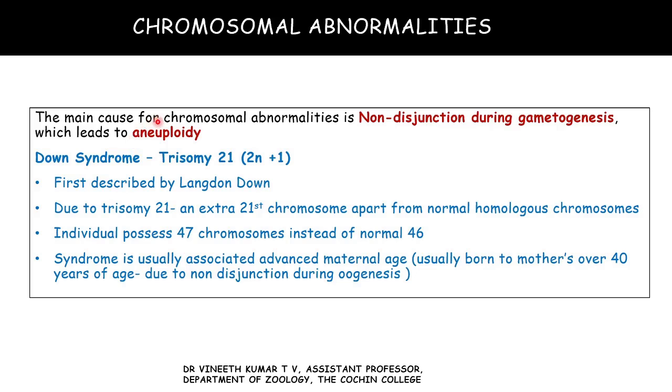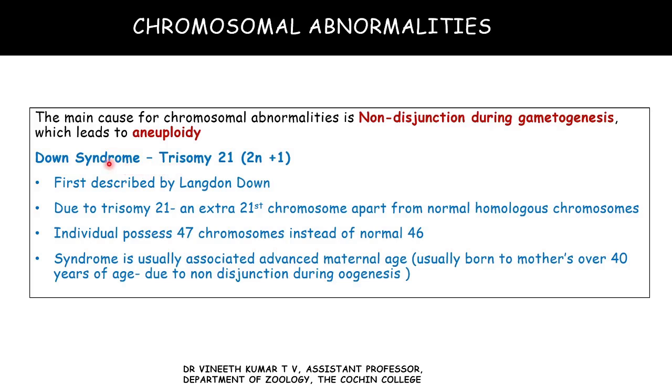Aneuploidy can be either monosomy, trisomy, etc. Depending upon when the non-disjunction occurs, either in meiosis 1 or meiosis 2, aneuploidy will result in monosomy, nullisomy, trisomy, etc.